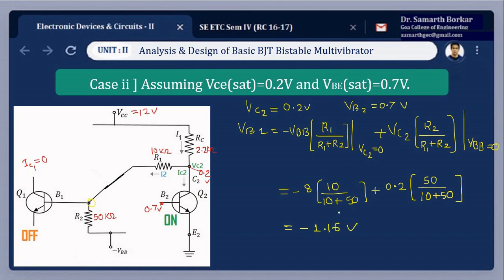For the previous case it was minus 1.33, now it is minus 1.16. So you can make out that due to this VC set value, this is slightly reduced. So we can comment that as VB1 is less as compared to VB cutoff, hence transistor Q1 is off.